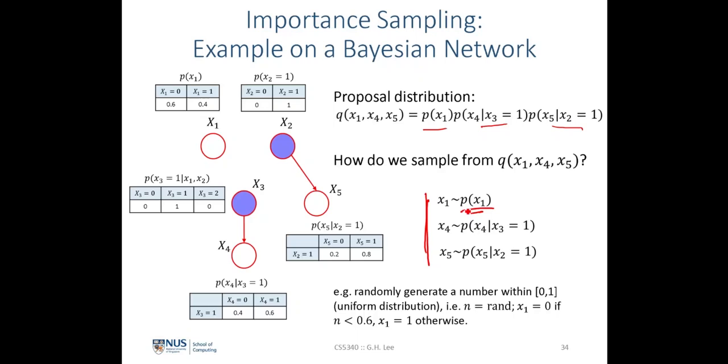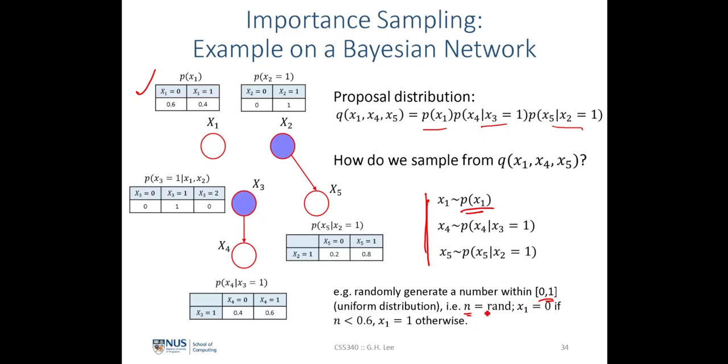So we'll first look at the marginal probability of x1, which is given by this guy over here. For x1, there's a 0.6 chance that it will be equal to 0 and 0.4 chance that it will be equal to 1. So what we'll do first would be to uniformly draw a sample within 0 to 1, and we are going to call this number n.